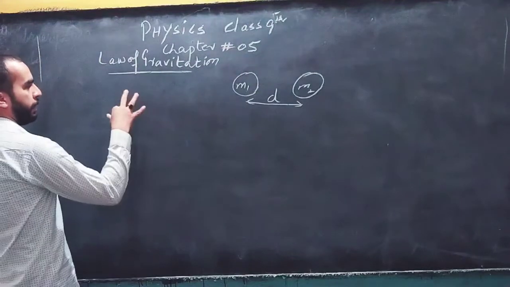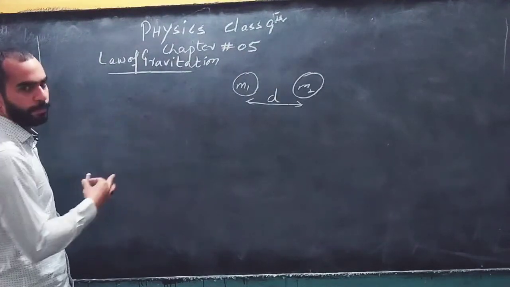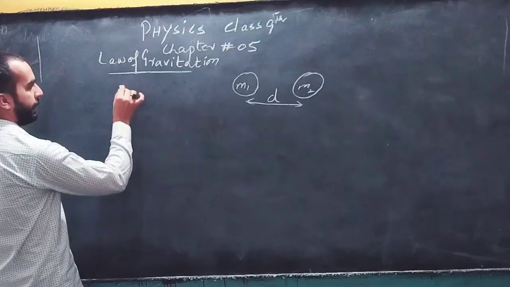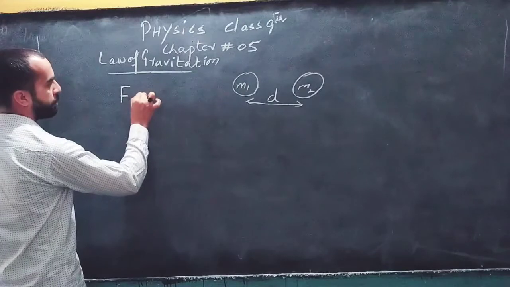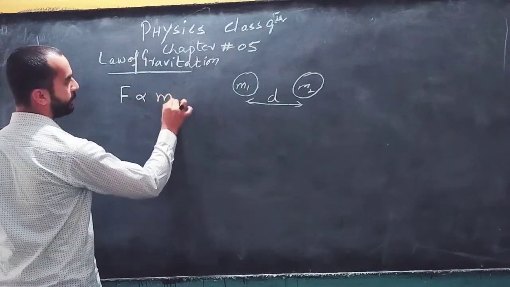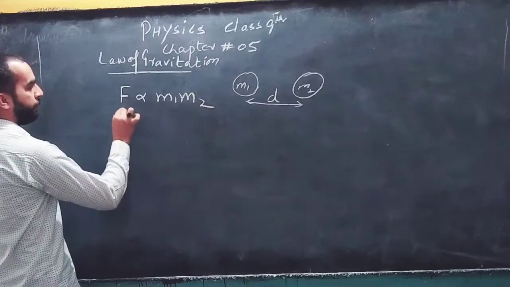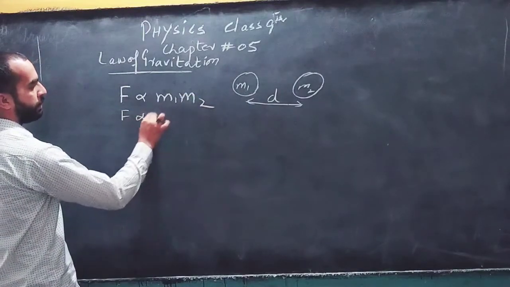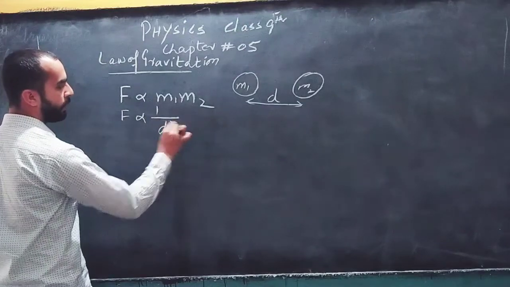So when we are explaining this scenario with direct or inverse proportion, then we have to write it as force is directly proportional to the product of masses, m1 multiplied by m2. And force is inversely proportional to the square of distance between them, so it is 1 over d square.